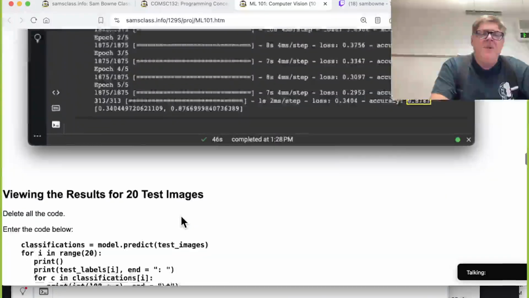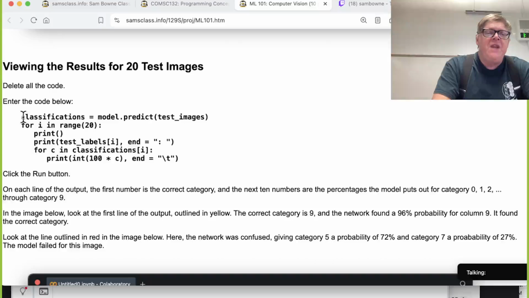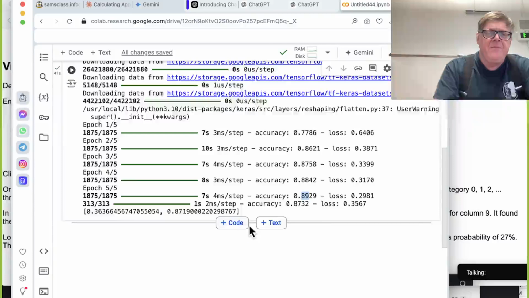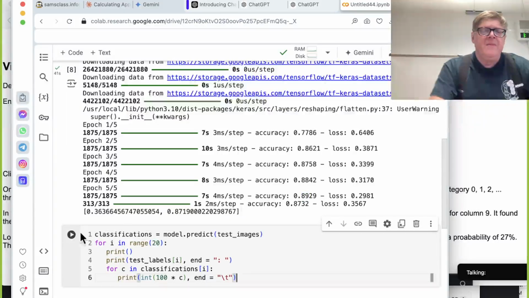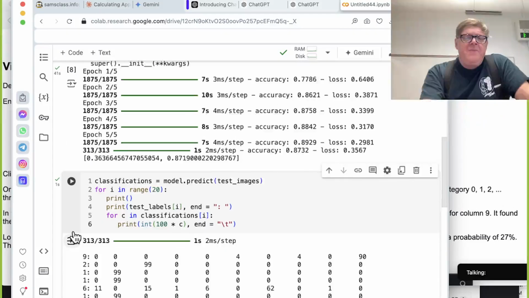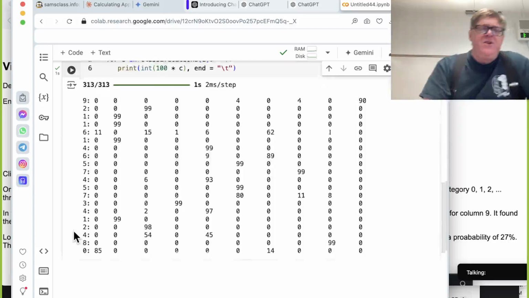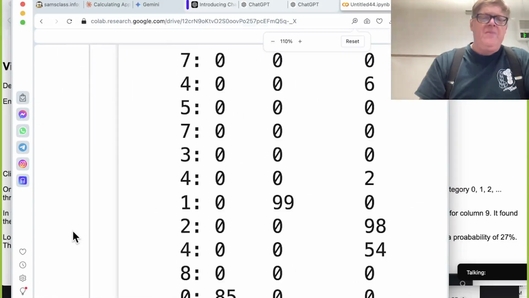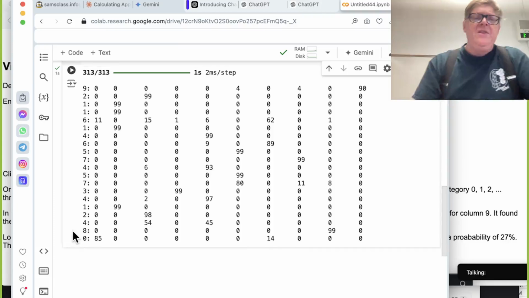Now, I think we got an example here for overfitting. First, let's take a look at the results for the first 20 images. All right. So here's the first 20 images. These are 10 columns.